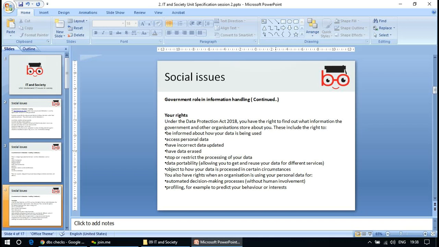So that's about how the government deals with information handling. That is very much clear. So that's basically part of IT, because IT is involved, some rules are involved, our society is involved, and regulations are involved. And the government has to take notice of it, isn't it?